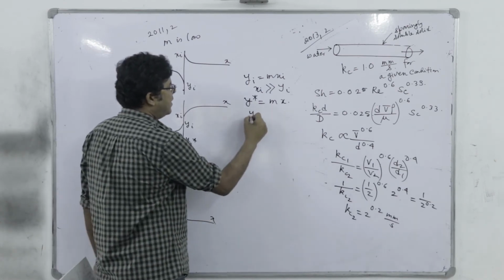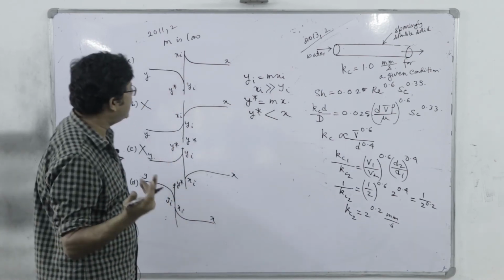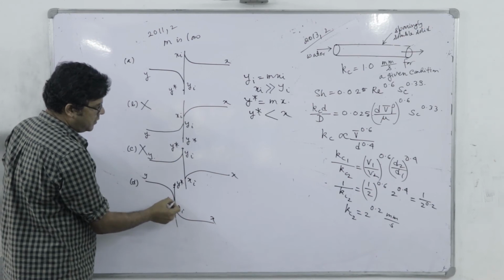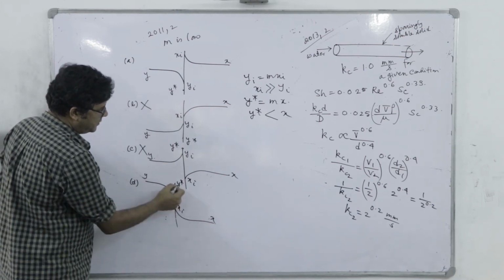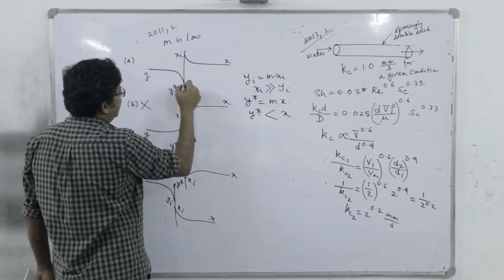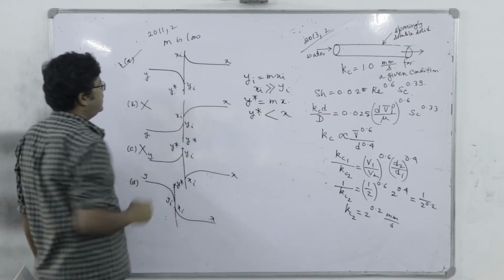So y star must be lower than x, obvious, because m is lower than 1. So this can never happen. Here xi is lower than yi and y star is higher than x, but here xi is higher than yi and y star is much lower than x. So A is the option.